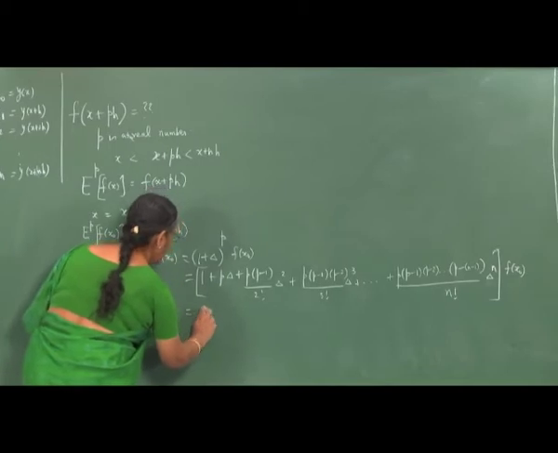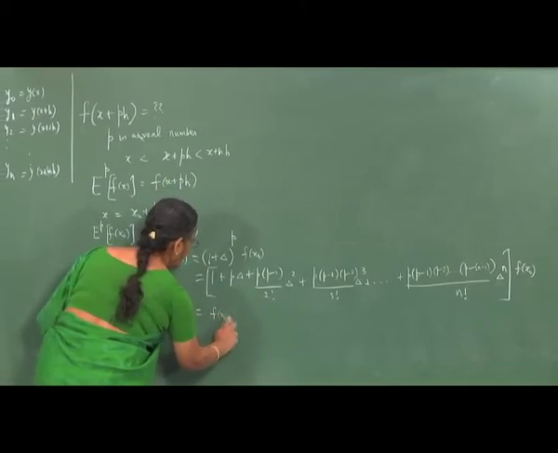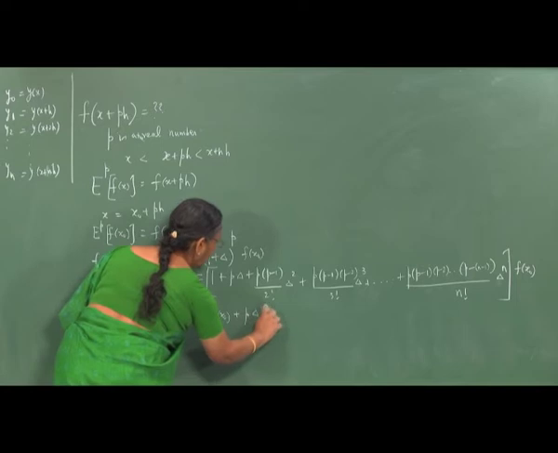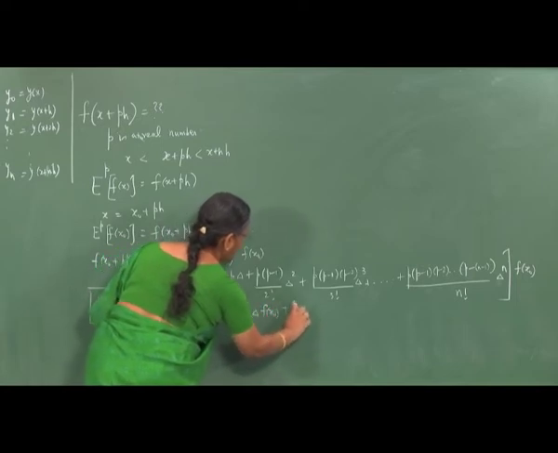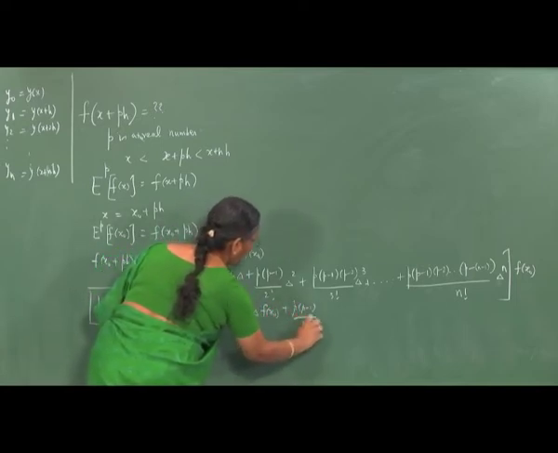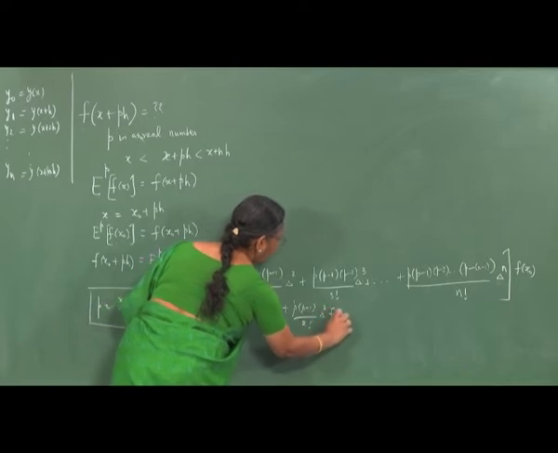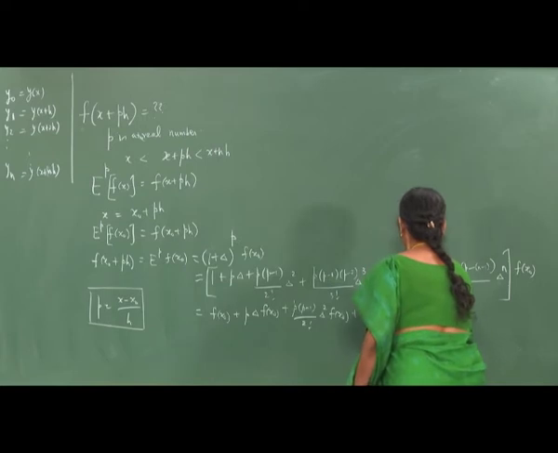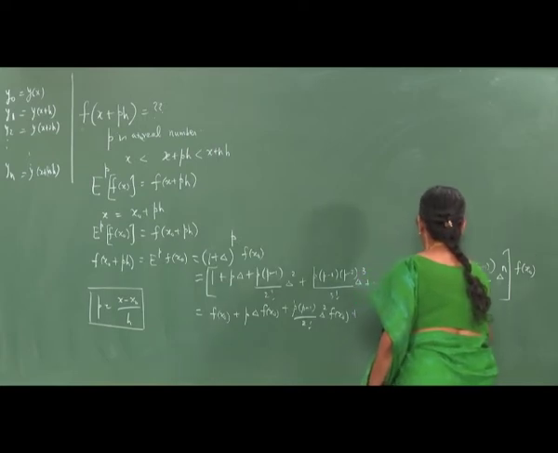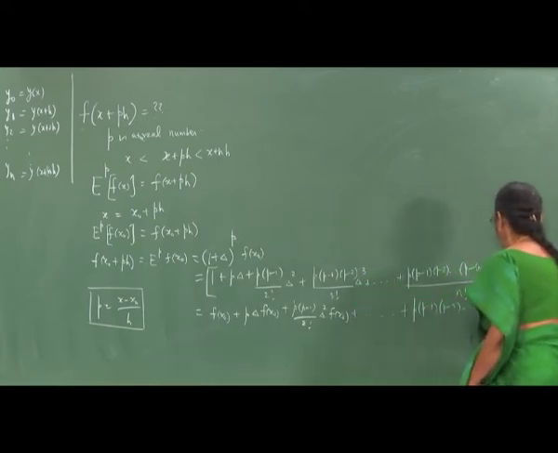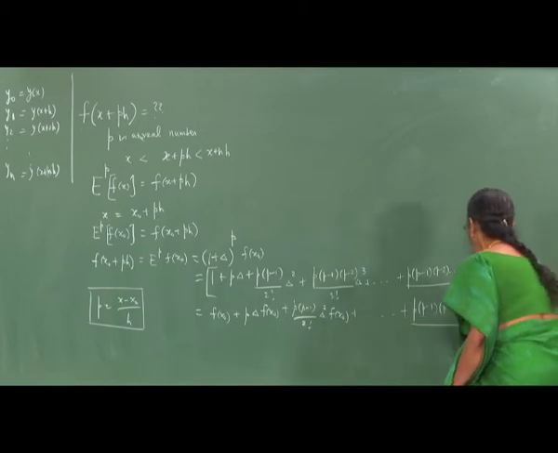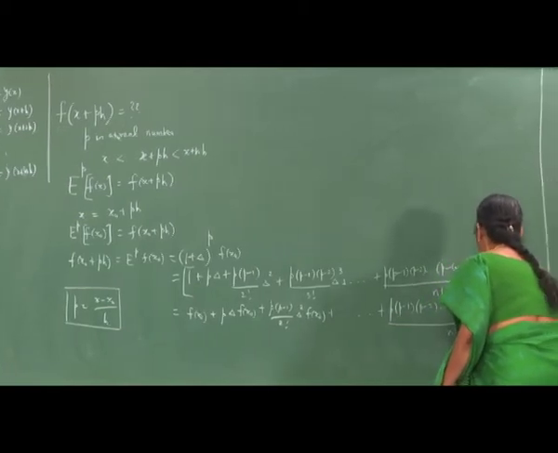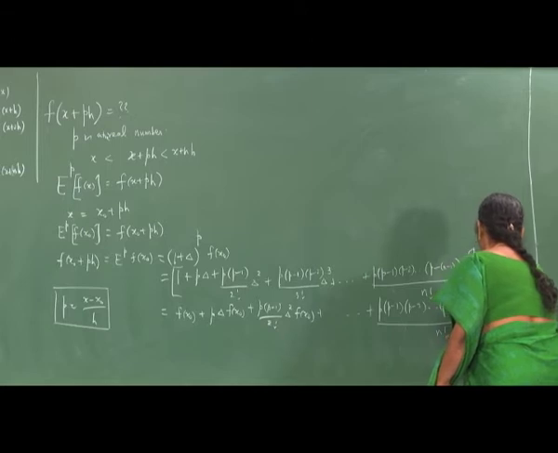Namely, it is going to be f of x naught plus p into delta f of x naught plus p into p minus 1 by factorial 2 del square f of x naught, etcetera, plus p into p minus 1, p minus 2, etcetera, up to p minus n plus 1 by factorial n into del power n f of x naught.